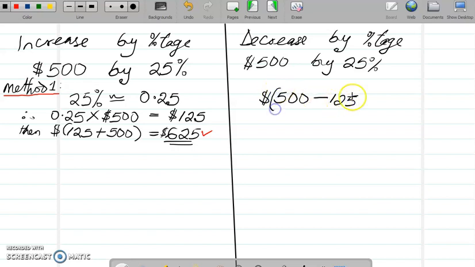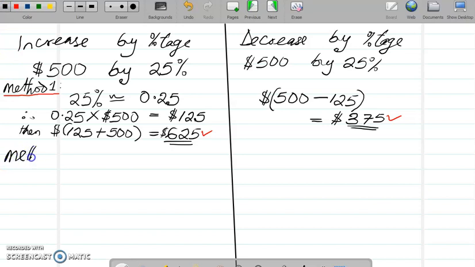See that? If you are asked to decrease, I'll say $500 minus $125, and that gives us $375 if you are asked to decrease.